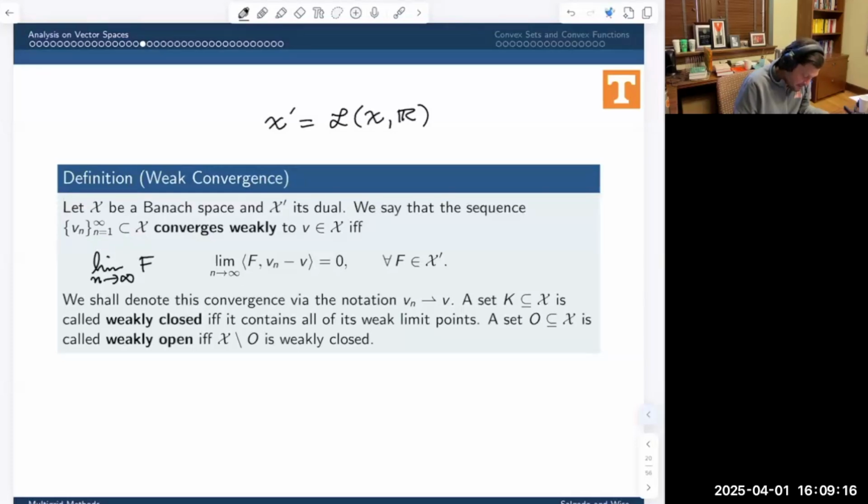This simply means f evaluated at Vn minus V. So this object, the dual pairing, is really just this object. So the limit of f of Vn minus V has to go to 0 for all f in the dual space. This f is a bounded linear functional, and so this has to hold for every bounded linear functional.